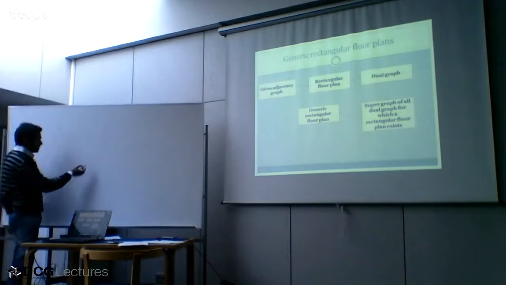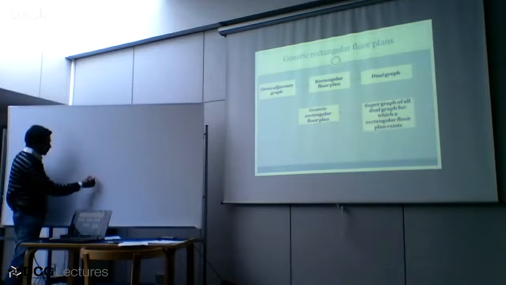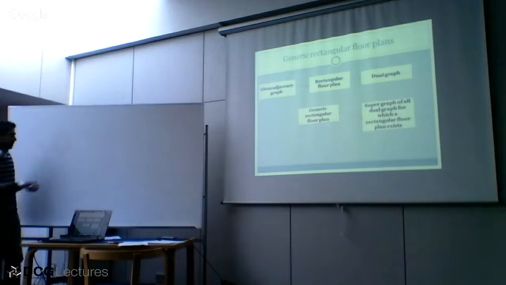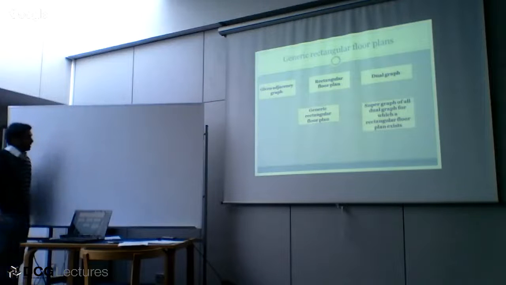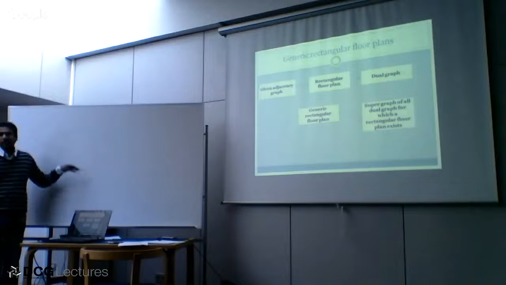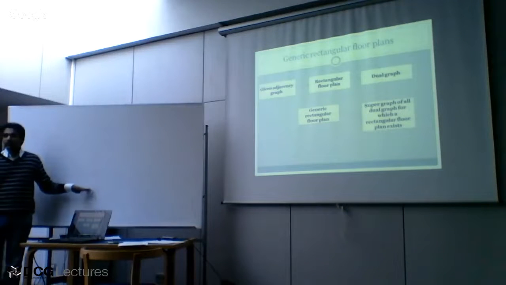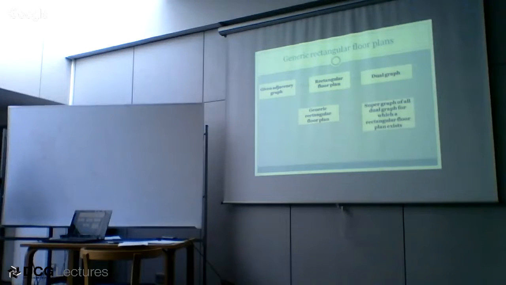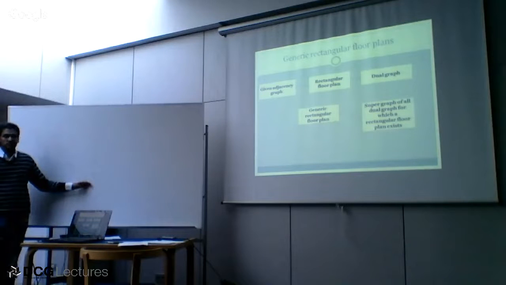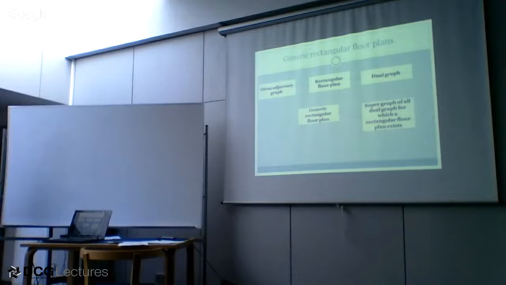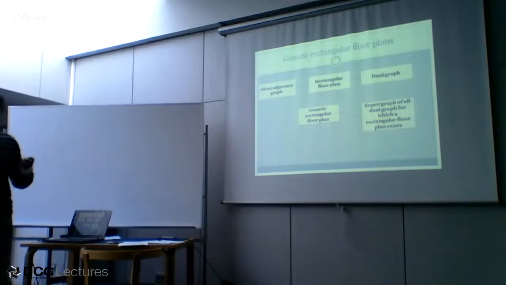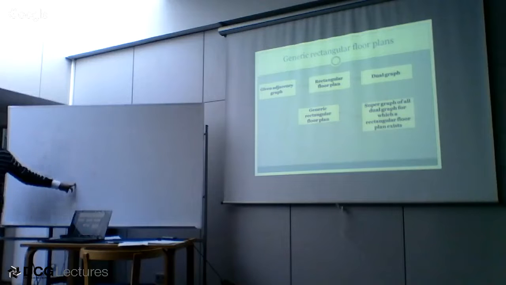What I am thinking is that I can propose a rectangular floor plan which guarantees that it is always going to satisfy the constraint provided by the user. If we manage to do that, then we don't have to check every time and we can say: use this rectangular floor plan, which is generic. It guarantees that it satisfies whatever constraint you give, and if it is not satisfying the constraint, it means that there doesn't exist a rectangular floor plan corresponding to it.